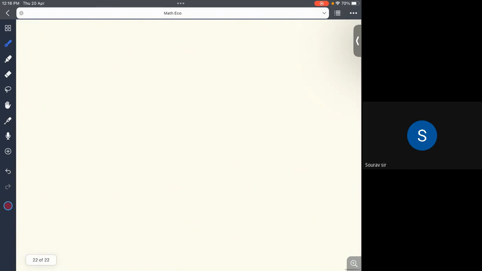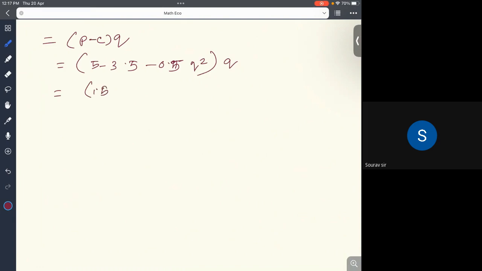If we simplify this, we will find P minus C into Q. Put the values of P and C, you will find that 5 minus 3.5 minus 0.5 Q square into Q is equal to 1.5 minus 0.5 Q square into Q. So you'll get 1.5 Q minus 0.5 Q cube.